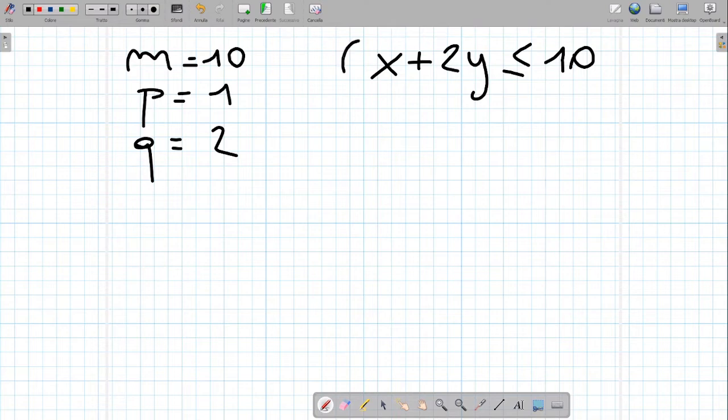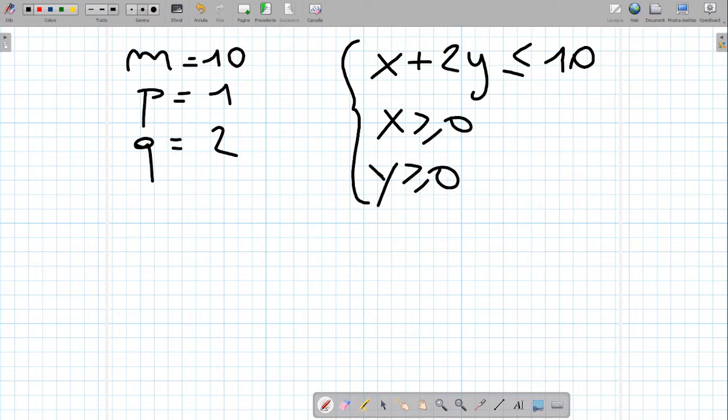And both X and Y should be positive. So it will turn into such a system of inequalities to be solved.